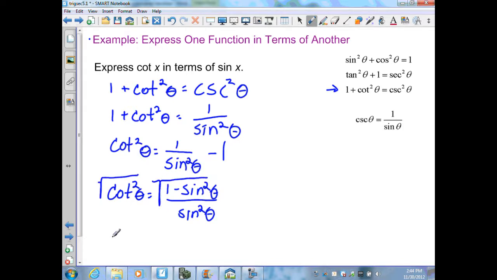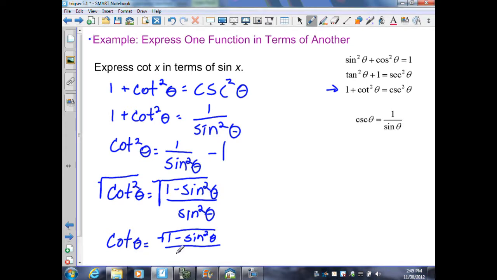That's going to give me cotangent theta equals the square root of 1 minus sine squared theta all over sine theta. Now I have cotangent theta written in the terms of just sine.